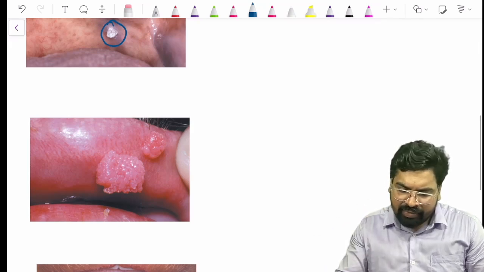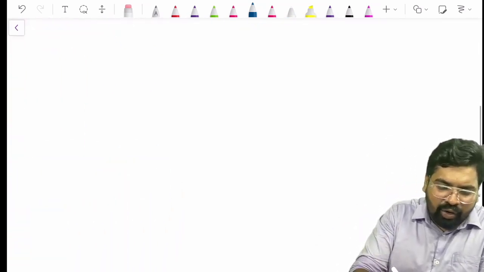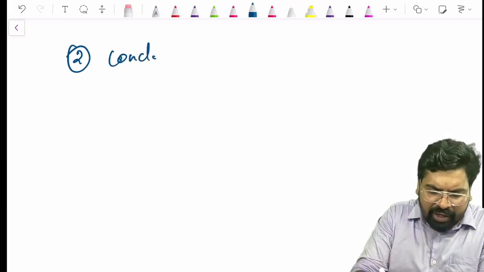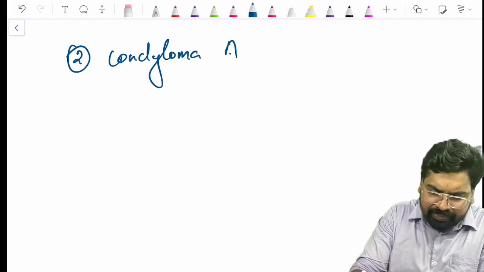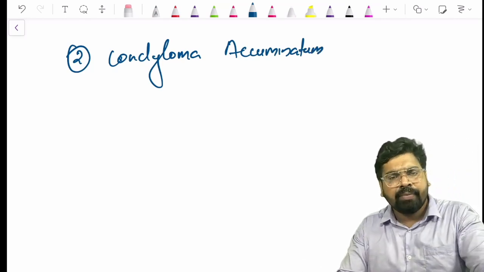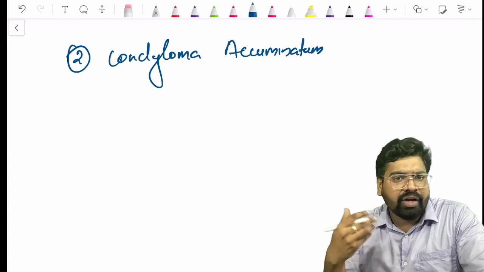And another viral lesion is called condyloma acuminatum. So the first one was your squamous papilloma, the next one is condyloma acuminatum. This is another type of viral lesion which occurs in the oral cavity.